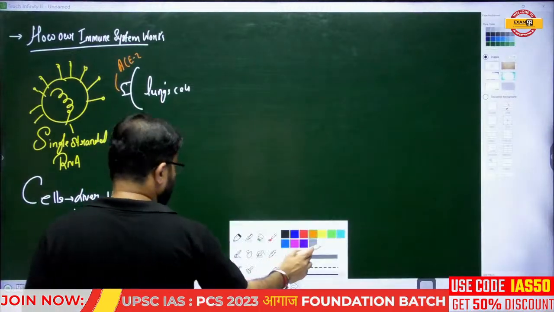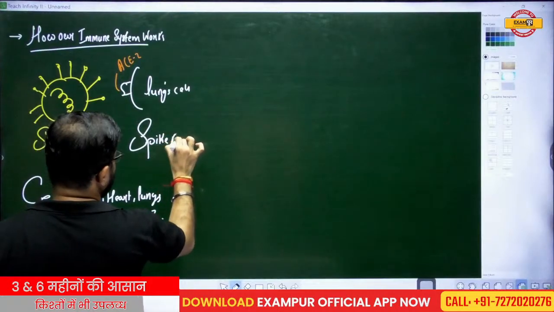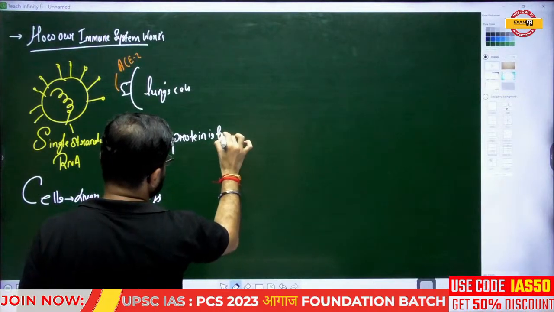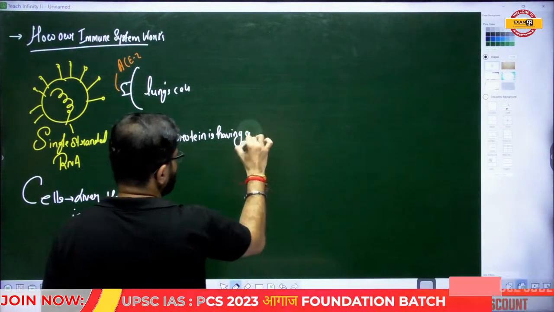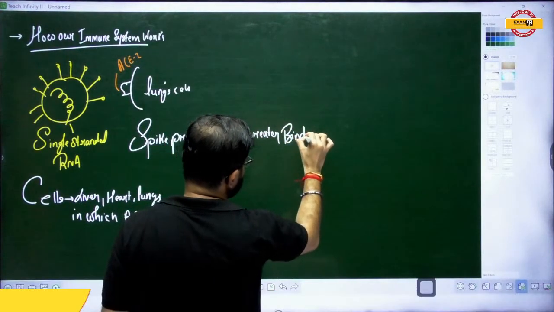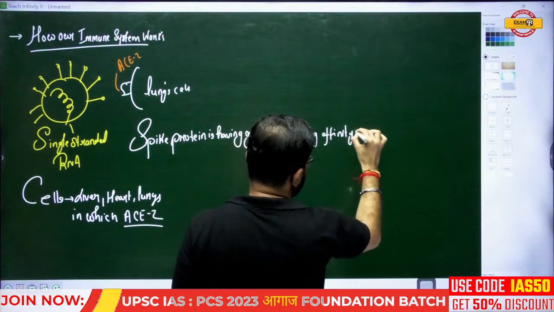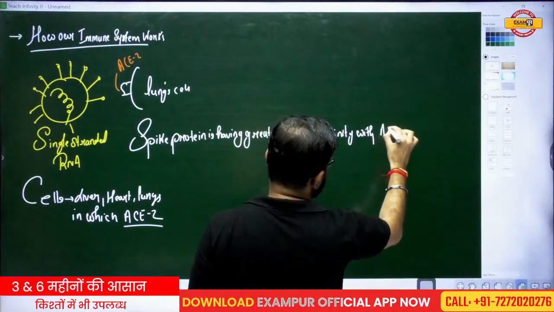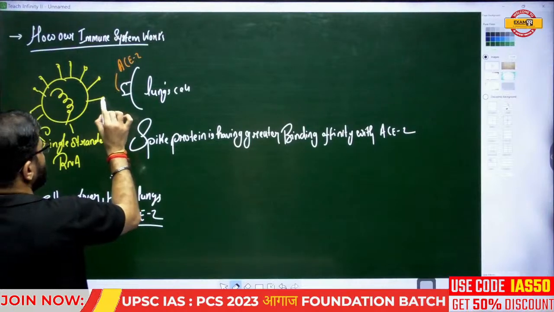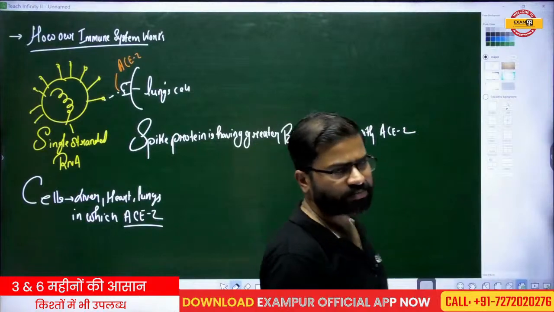So you can write it down: a spike protein has greater binding affinity with the ACE2 enzyme. Because of this affinity, through the spike protein, the virus enters into our body. This is how the virus penetrates into our body.